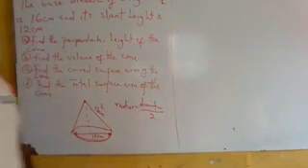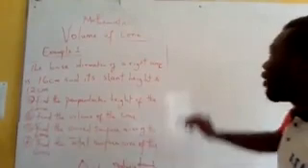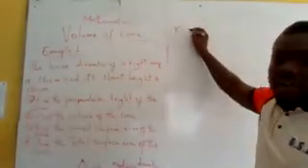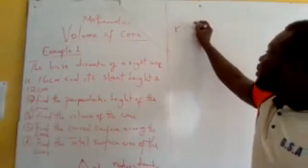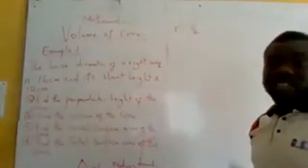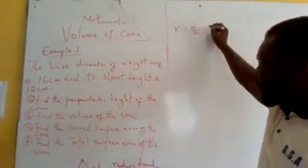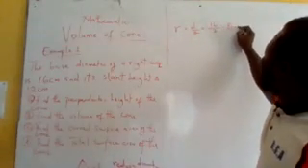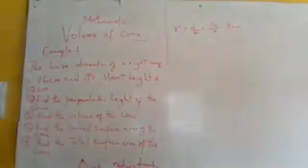So first and foremost, we need to obtain our radius. So our radius R is equal to D over 2. D represents the diameter. So that will be 16 divided by 2, which is 8 centimeters.